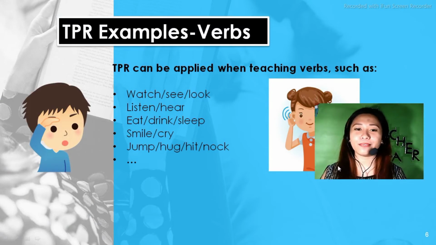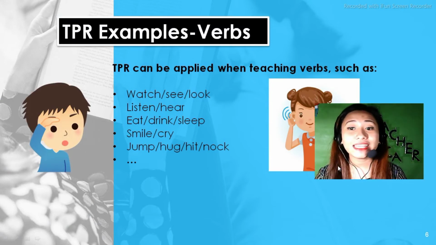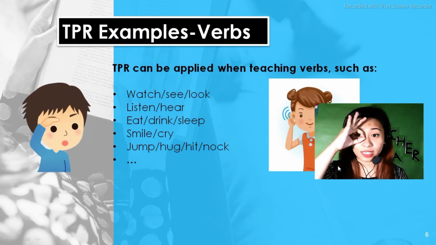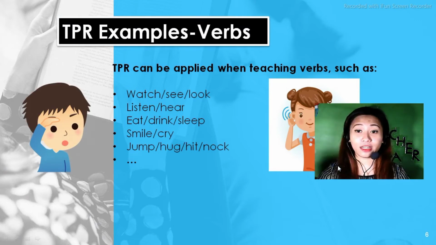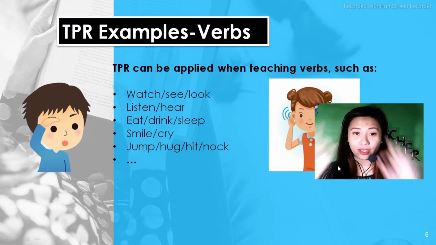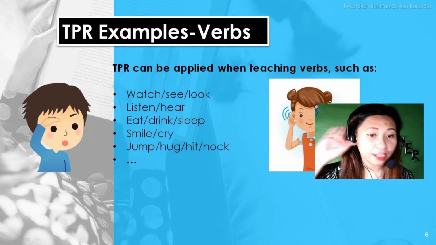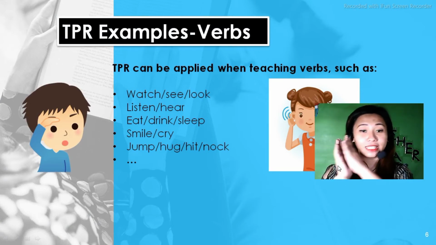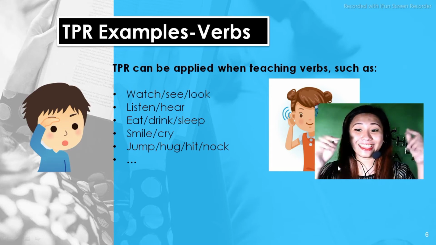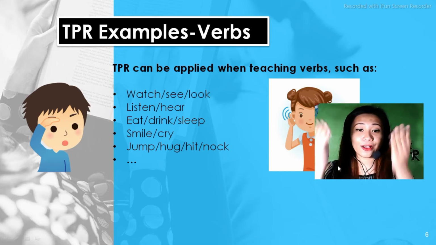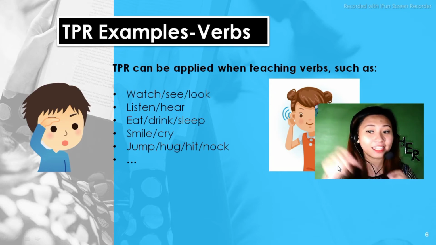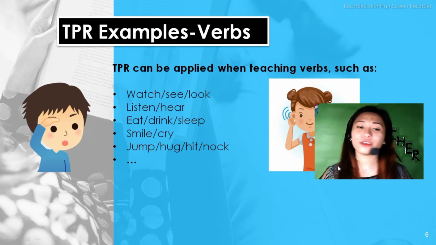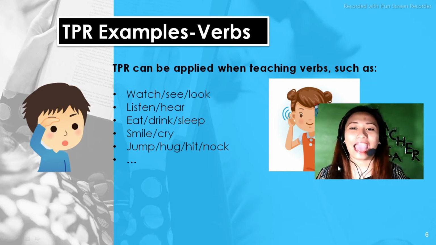Next, TPR example verbs. For example, TPR can be applied when teaching verbs such as watch, see, and look. You can say look, listen or hear, eat, drink or sleep, smile and cry, jump, hug, hit, and knock. So you can do a lot of actions.